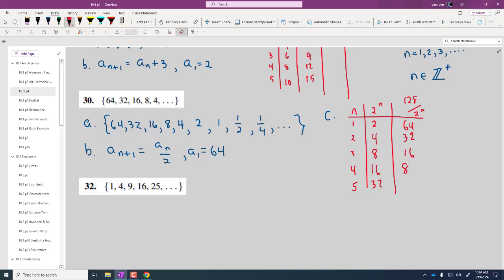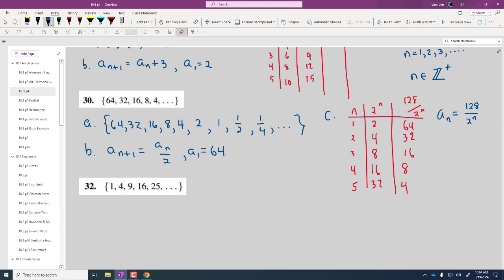Because effectively, we're just putting an extra factor of 2 in the bottom. Okay, so did that work? 128 is 2 to the 6. Yeah, that looks good. If you just write that as 2 to the 6 over 2 to the n, that's 2 to the 6 minus n. So that is definitely one way that we could write this. So we could say a sub n is going to be 128 over 2 to the n.